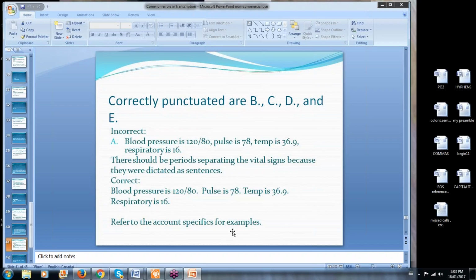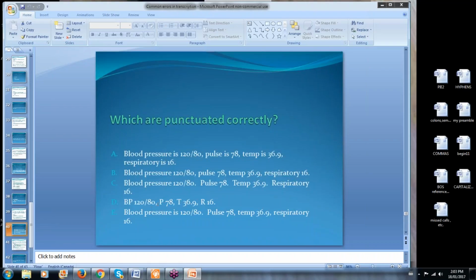And you can refer to the account specifics for examples. And all those other ones are correct. Like here, that's correct, or you can use periods. This one's correct because this part here was dictated as a sentence and the other ones weren't, so you can have a mixture like that.